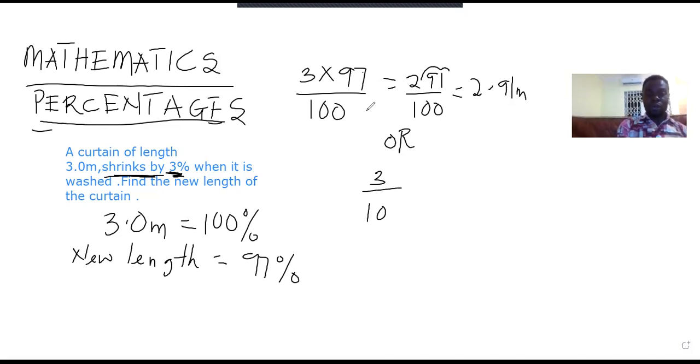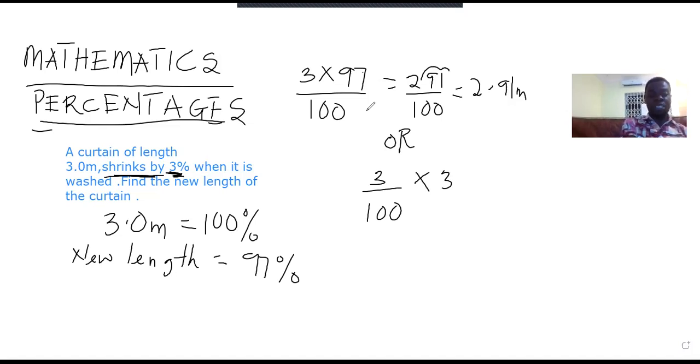So the decrease in length will be 3/100 times 3. So we find 3% of 3.0 meters.